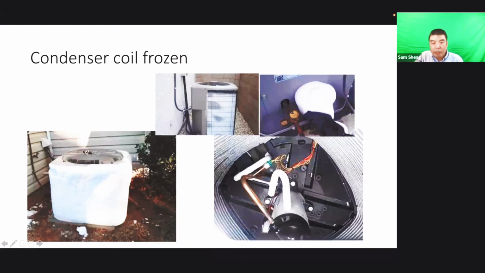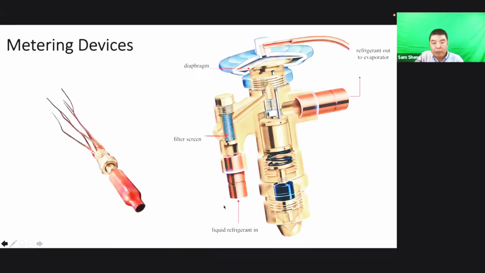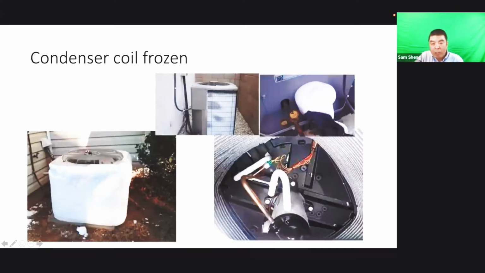If you look from the top to inside, you can see the compressor pipe is frozen too, and sometimes the whole compressor is covered by ice. So if you see that, don't run the air conditioner anymore. It needs service and then run. Otherwise the compressor will burn out. Yeah, and sometimes a dirty coil may cause the same trouble too.